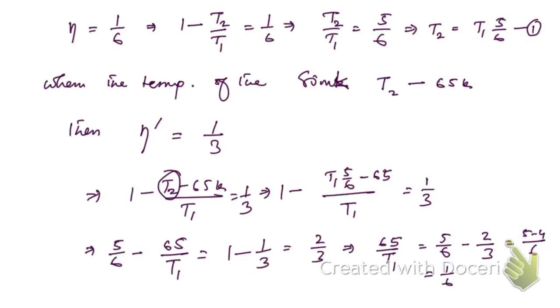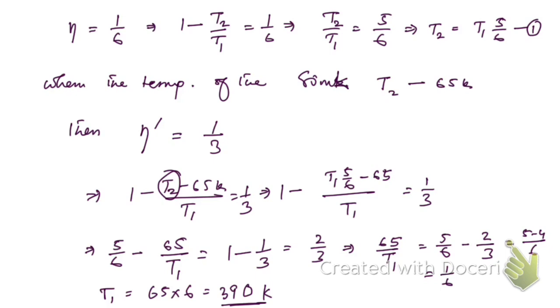So therefore the temperature T1 is equal to, after cross multiplication, 65 into 6, which is 390 Kelvin. So this was the initial temperature of the source.